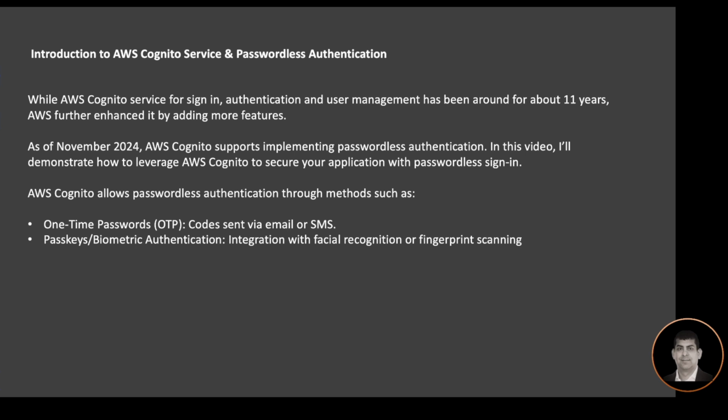In this video, I will demonstrate how to leverage AWS Cognito to secure your application with passwordless sign-in. AWS Cognito allows passwordless authentication through methods such as one-time password, referred to as OTP, and code sent via email or SMS, and then passkey and biometric authentication like integration with facial recognition or fingerprint scanning.